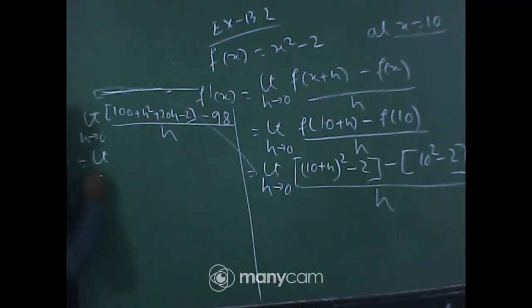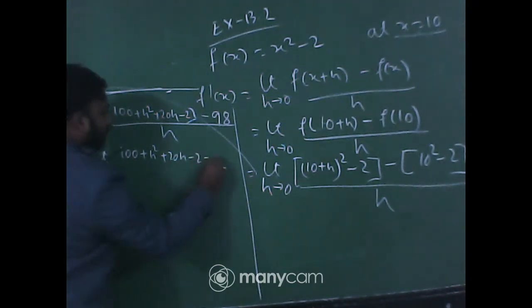Limit h tends to 0, 100 plus h square plus 20h minus 2 minus 98.